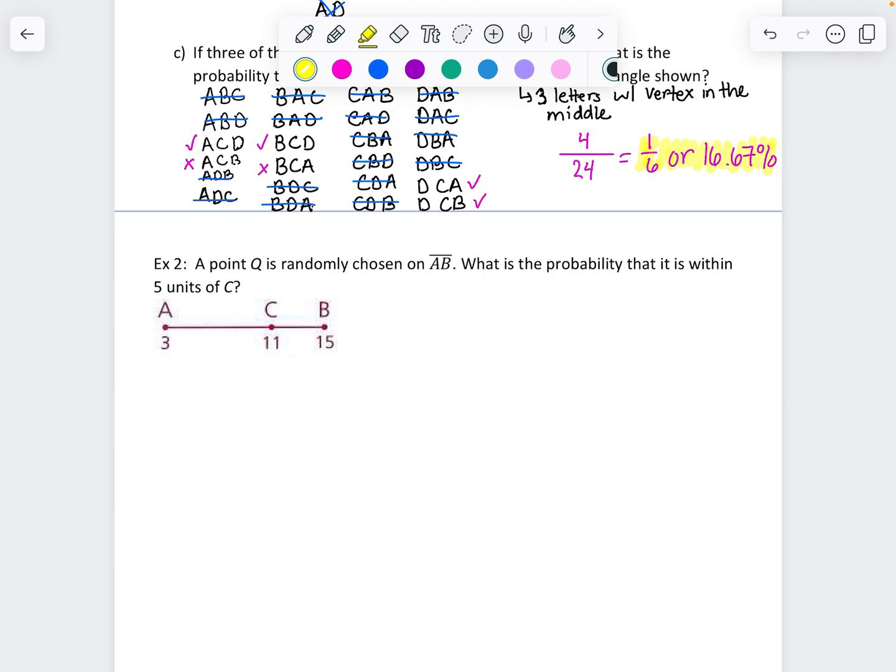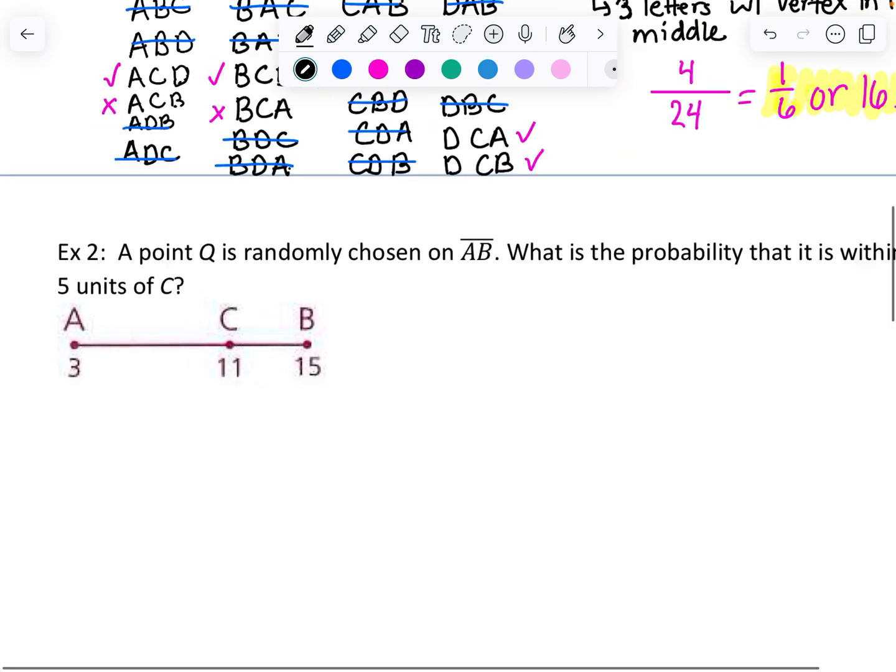Okay, the last one. A point Q is randomly chosen on AB. What is the probability that it is within 5 units of C? So I'm going to get us started here, and then I'm going to have you answer this question before you finish the video.